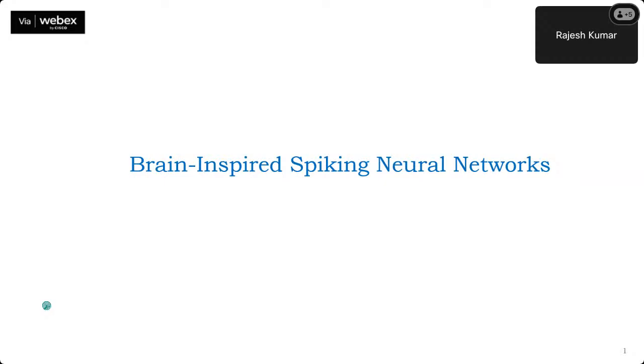This one is on brain-inspired networks, in a way that we try to model the networks which are nearer to the biological brain, and they are known as basically this category. They are nomenclatured as spiky neural network, that is SNN.